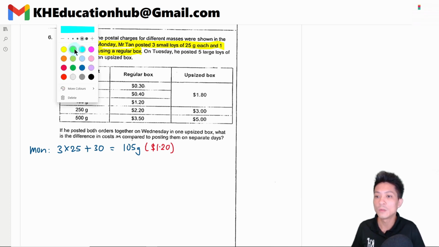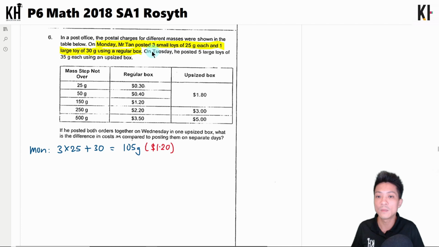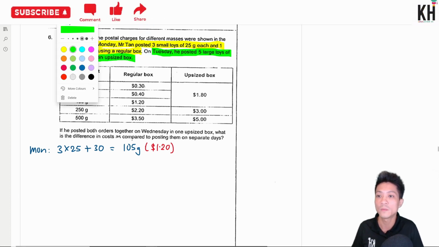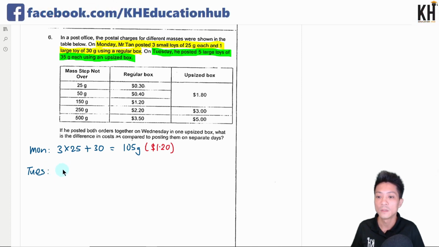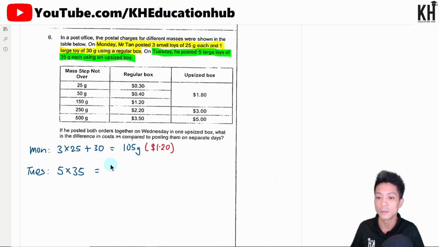Next we're going to look at Tuesday. On Tuesday, he posted 5 large toys of 35 grams each using an upsized box. So 5 times 35 will be 175 grams.